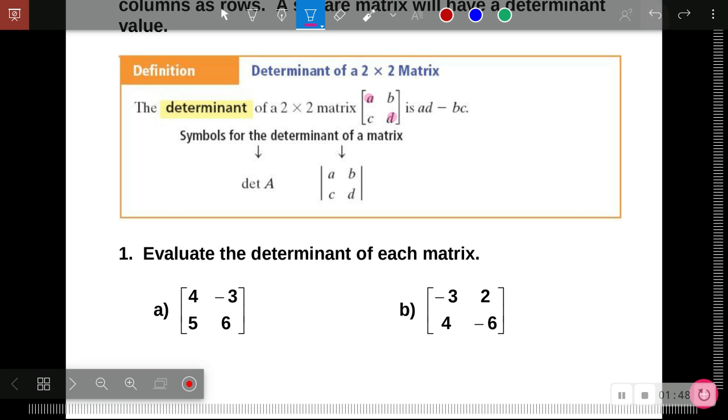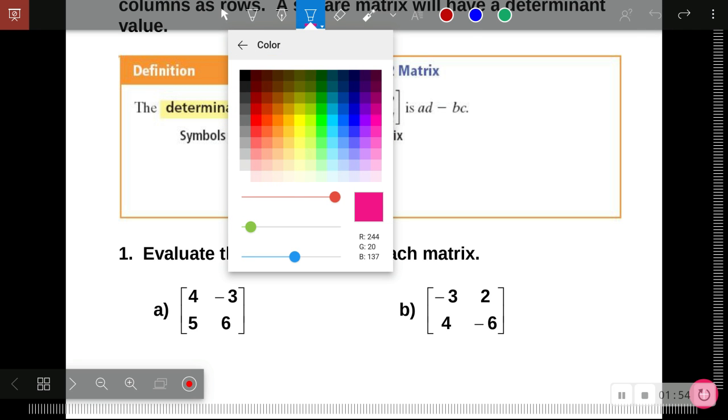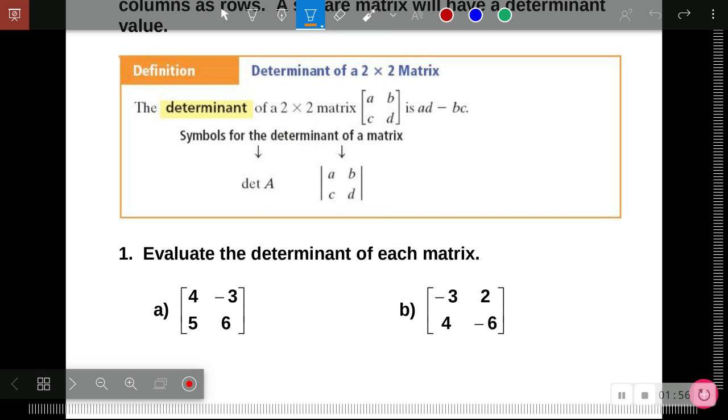Now there's a fairly easy and popular way to kind of remember how to do this. Let me get a different color here. Here we go. If you start in the corner A and you multiply it by D, and then you sweep around and pick up the other diagonal, you get this fish shape here. And if you put a little eye on the fish, you'll remember that you're supposed to use a minus sign in between there.